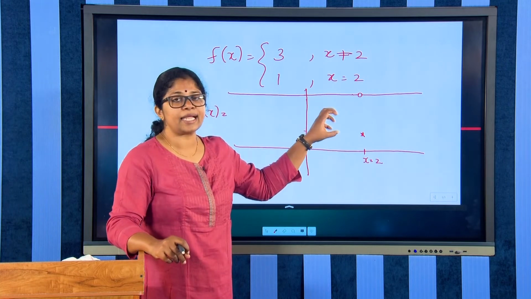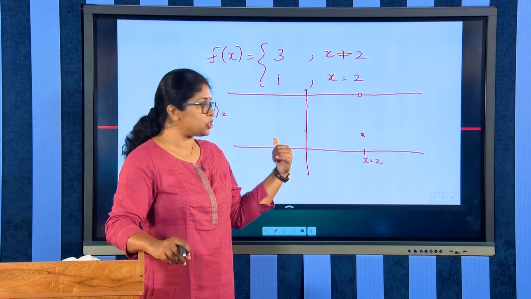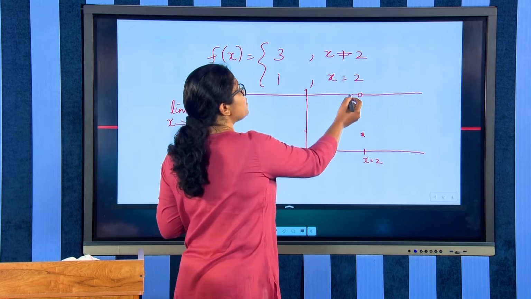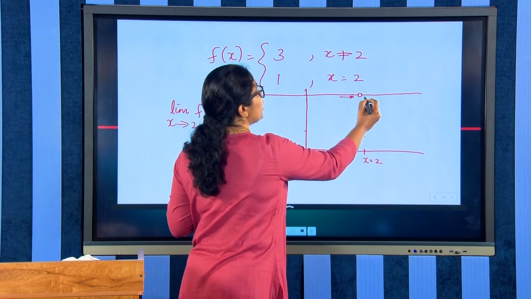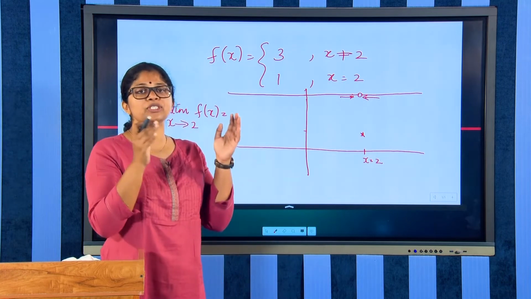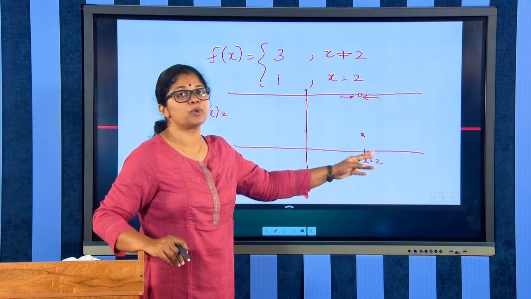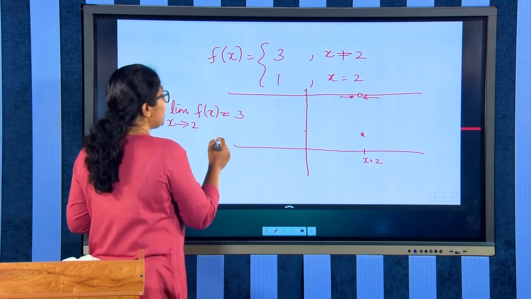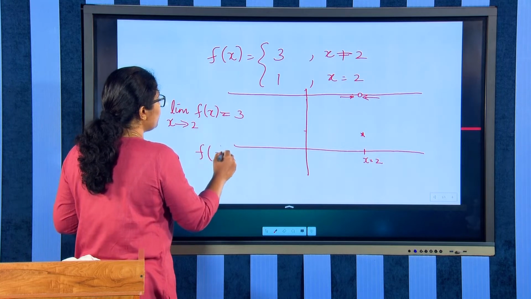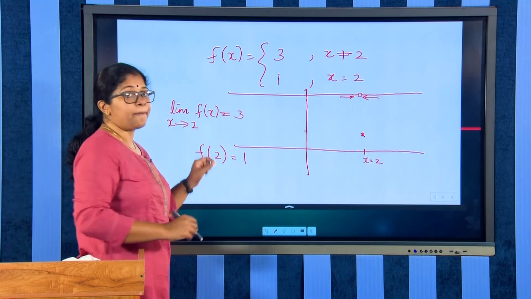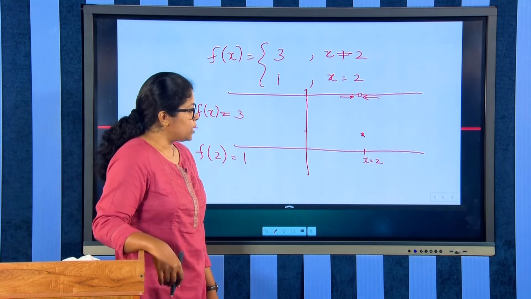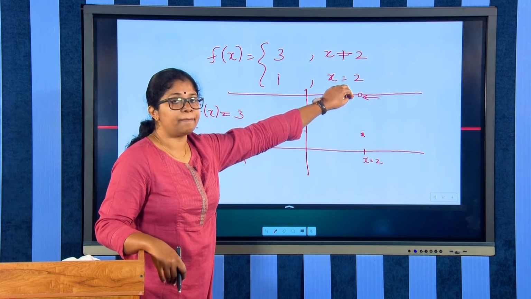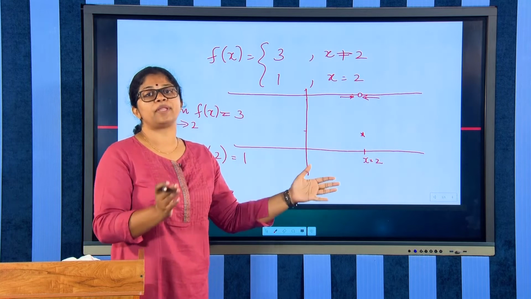Using the epsilon delta definition that we have discussed in the previous session, whenever x approaches 2, the function takes the value 3, and so this limit becomes exactly equal to 3, whereas the function has the value 1 at the point x is equal to 2. So the limit is exactly equal to 3, but the function's value is different from that of the limit.